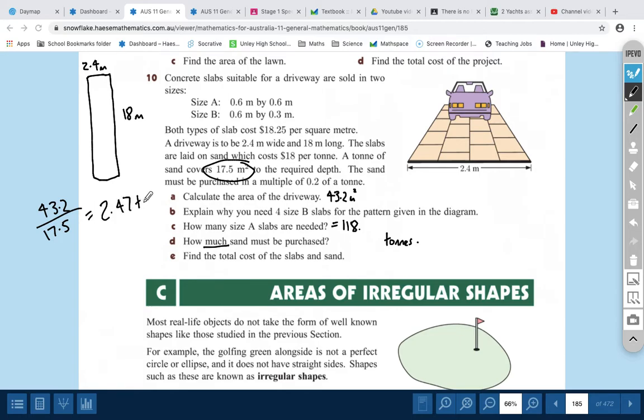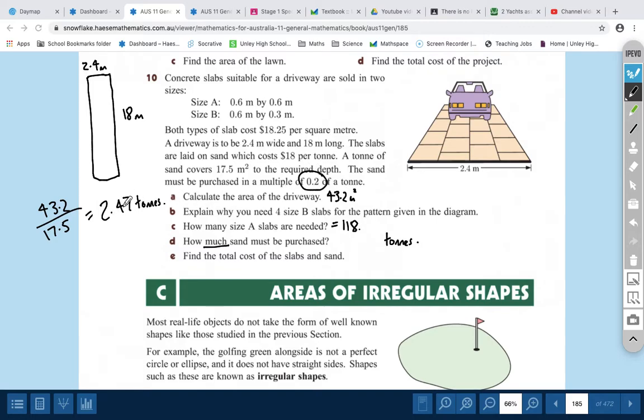2.47 tons, but if you look at this carefully, it says the sand must be purchased in multiples of 0.2.